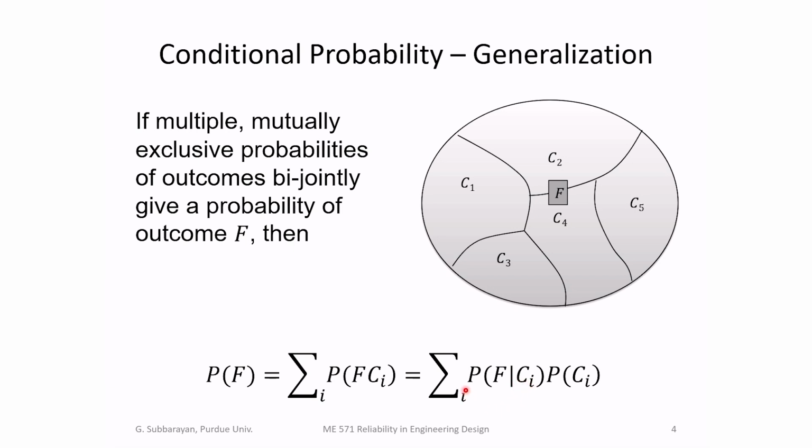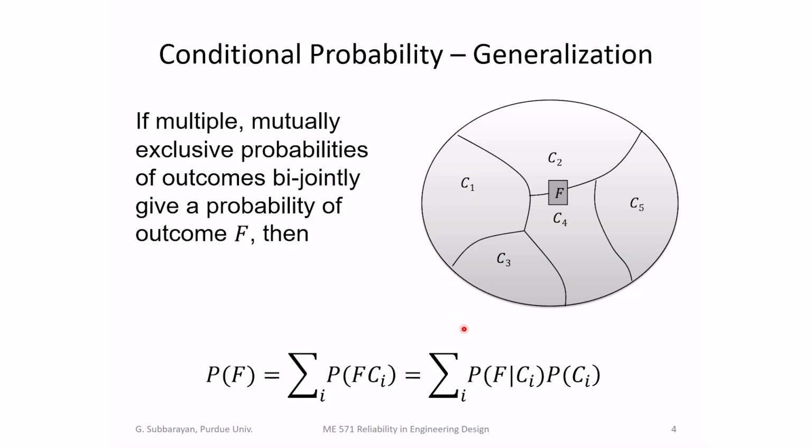What this basically says is that there are many causes Ci, and that can lead potentially to failure. What we want in practice is the probability that failure occurred by a specific cause.